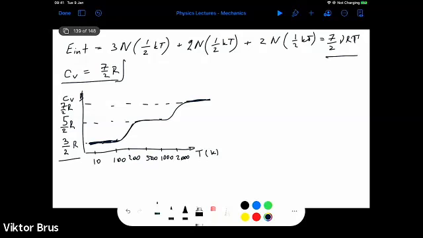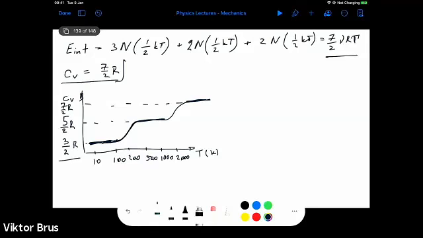Then we have a transition of specific heat capacitance to the case when we have contribution from rotational motion, and then it increases further because of higher temperatures and activation of higher frequencies of vibrational motion oscillations, and that will result in experiencing contribution from all types of kinetic energies, which is translational, rotational, and vibrational motions.